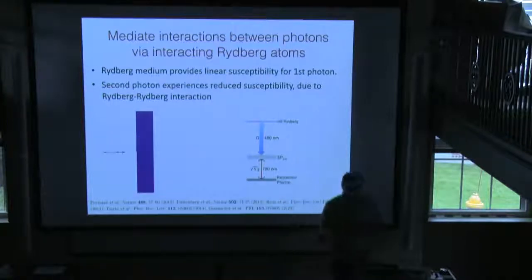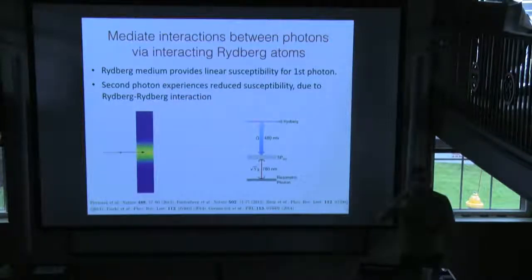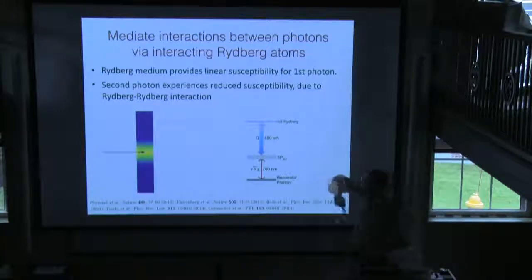And so what that means is when a second photon tries to go in and get absorbed by those atoms, the atoms can't absorb it because of the interactions between the electrons. Yes? So if the second photon gets near the first photon, this object looks transparent.